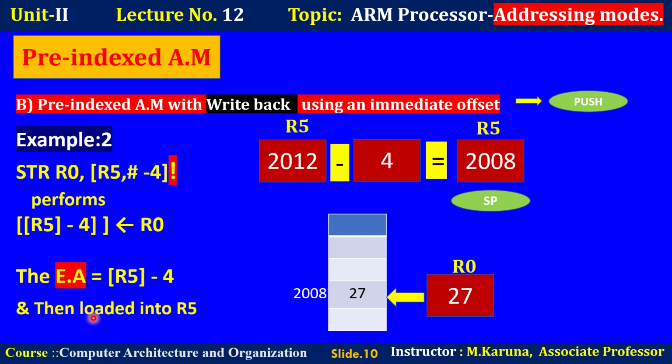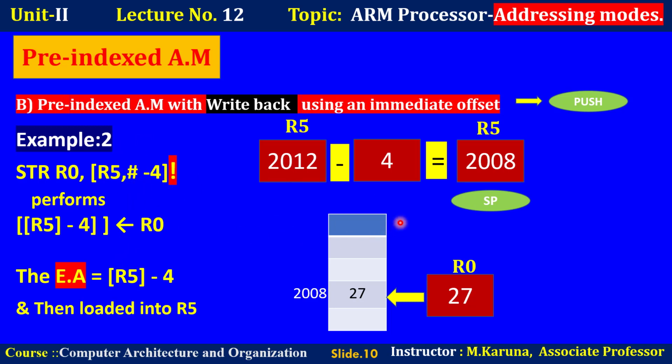That is, this effective load address will be loaded into R5. Next, that will act as a base address. Again, to get the next element, 4 will be subtracted from 2008. Likewise, all elements can be accessed from these memory locations by updating R5 with the help of this offset value.